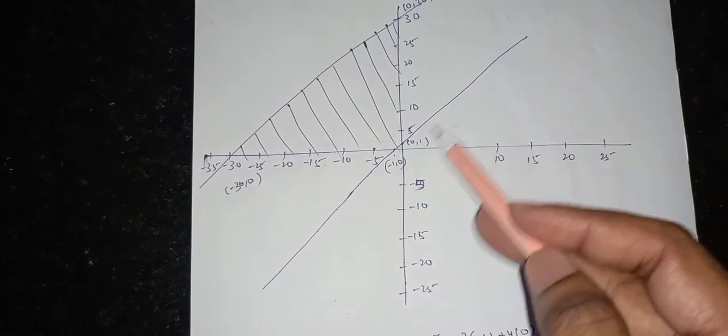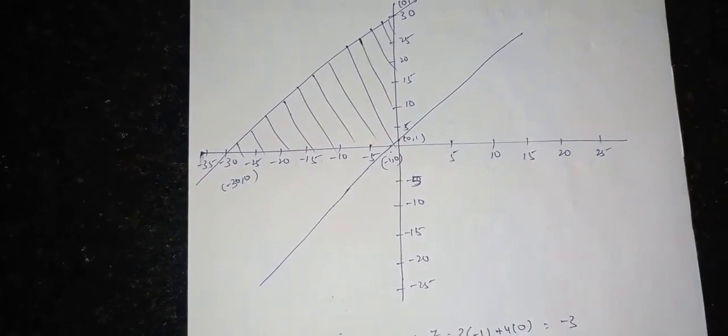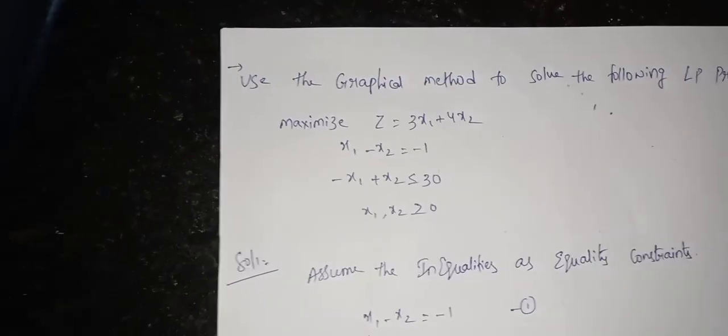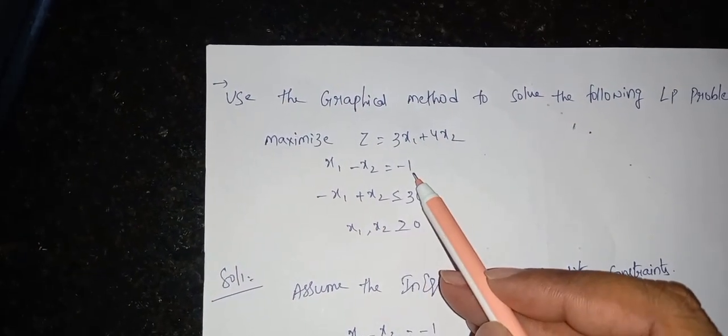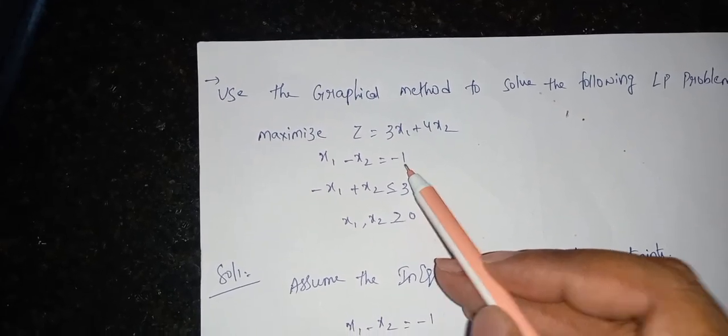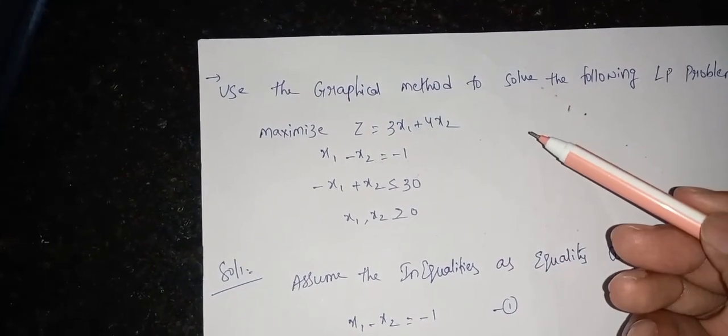So in the first constraint he didn't give any inequality, just equality, equal to -1. So for this we cannot draw any region, because we cannot identify which side of the origin to take.